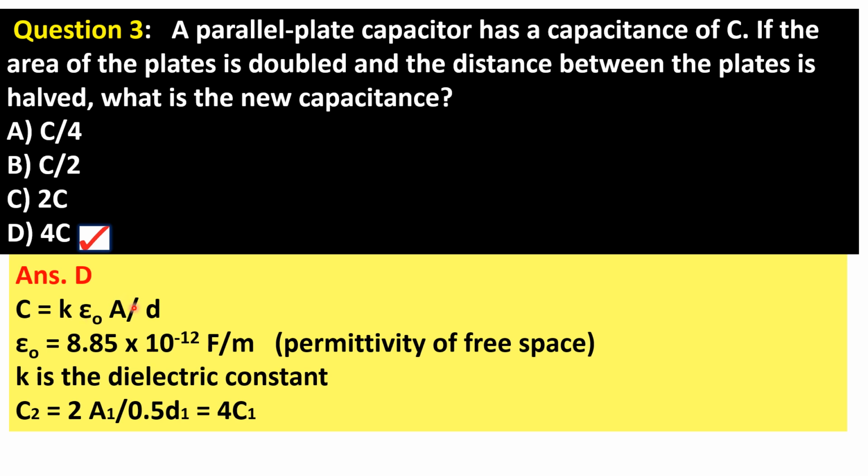Capital A represents the area of each plate of a capacitor. In considering the area, we are only referring to the area of one charged plate. We do not add the areas of the two plates. It's just the area of each plate. Then that is divided by the distance d that separates the two plates. All right, so why is our answer letter D?